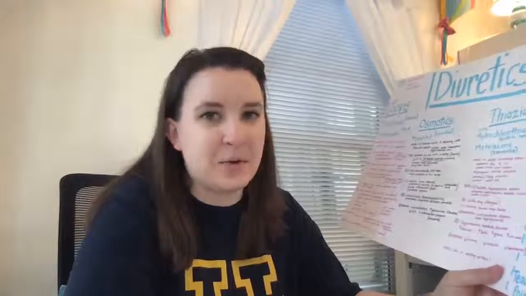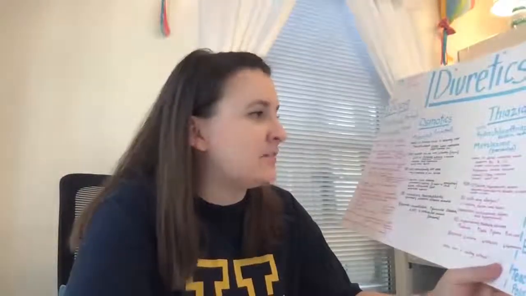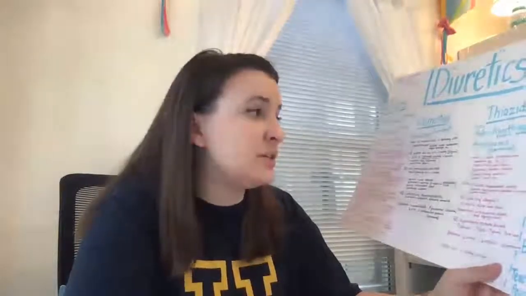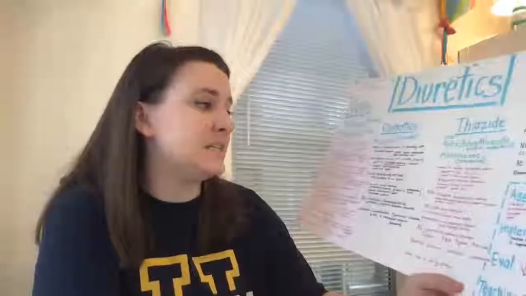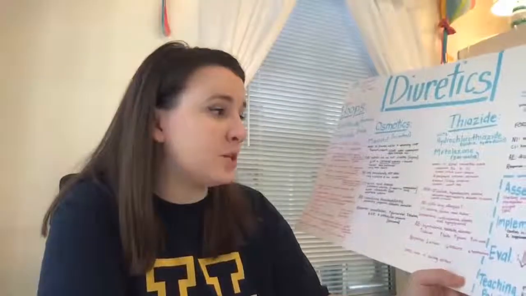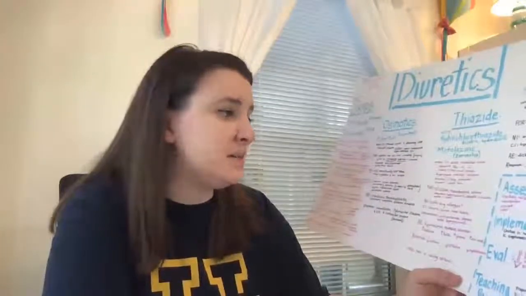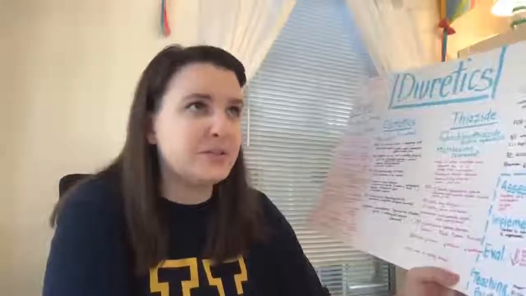These drugs help reabsorb sodium, potassium, and chloride in the body. They relax small blood vessels, decrease peripheral vascular resistance, decrease preload and filling pressures, and help with water. They can be used for heart failure, hypertension, edema, idiopathic hypercalciuria, diabetes insipidus, and hepatic cirrhosis.